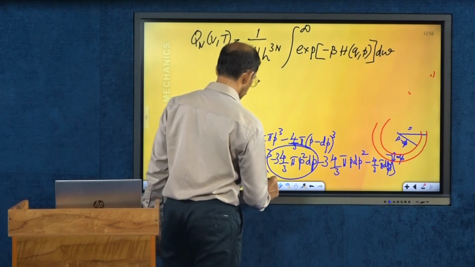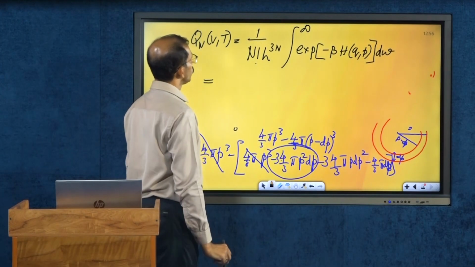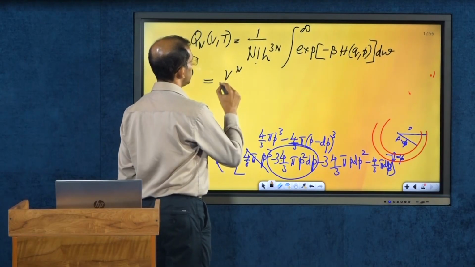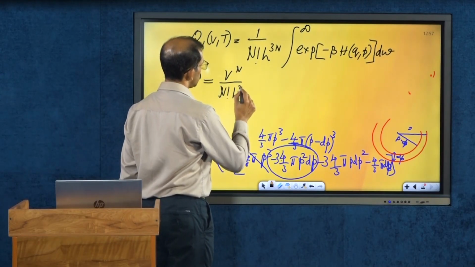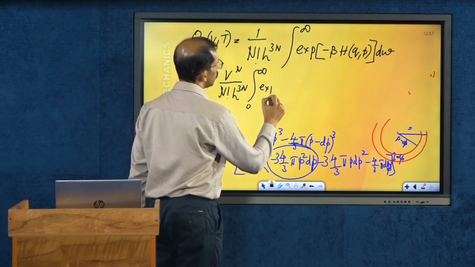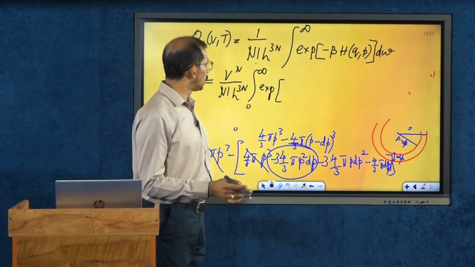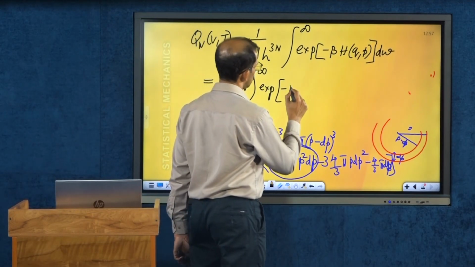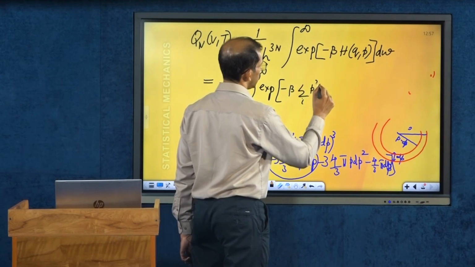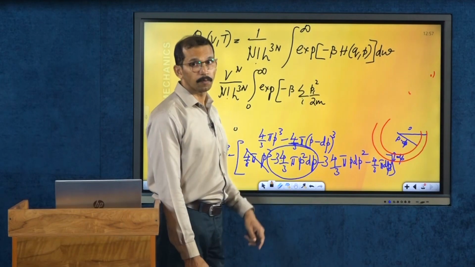In that case, I will be able to write it as equal to 1 by n factorial, or we have the V raised to n, V raised to n, n factorial, h raised to 3n, triple integral 0 to infinity, exponential, instead of beta we can substitute the 1 by kT at any point of time, but minus beta H is equal to, we know that it is summation over i p i squared by 2m, and the 4 pi p squared dp also, right.